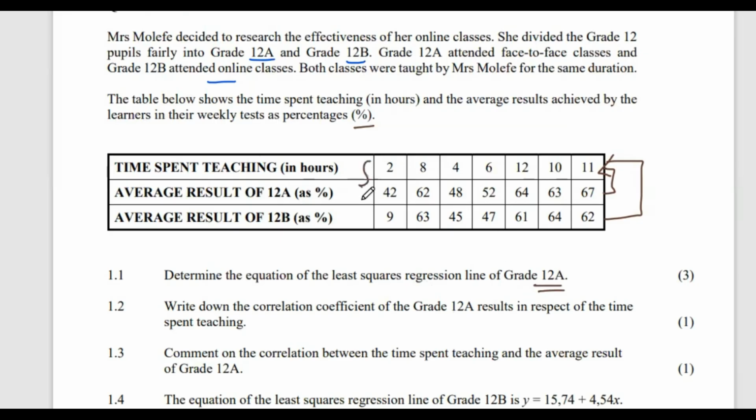So we just need to capture this within our calculators. Remember, the steps are quite clear and simple. So we said we always have to start with the mode. And then from the mode, you choose the stat.